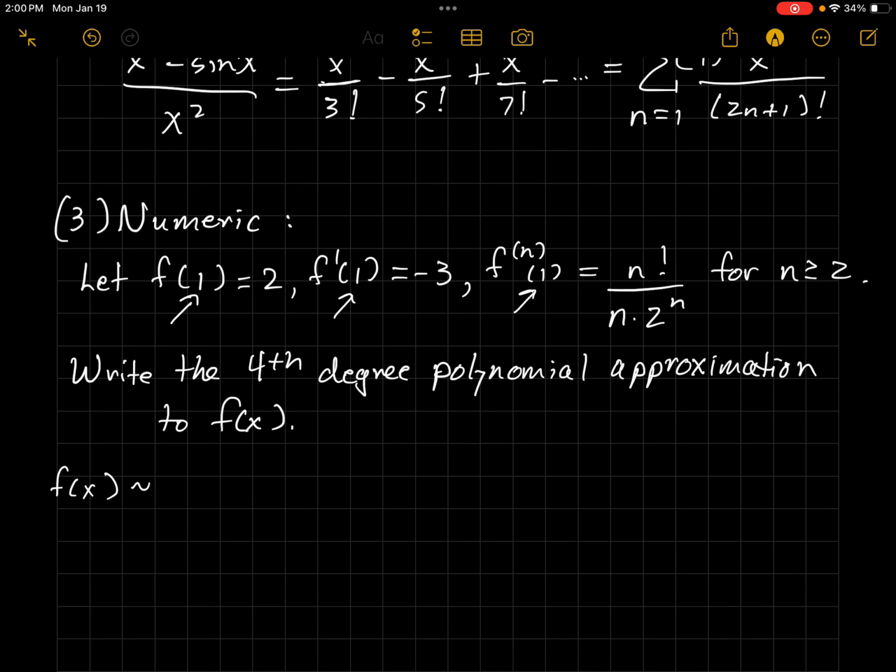So I'm going to do the fourth degree polynomial approximation. So f of x is f of 1 plus f prime of 1, so minus 3 times x minus the center, plus, okay, we have to do a little work over here.